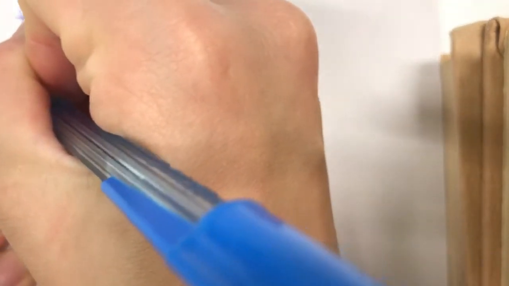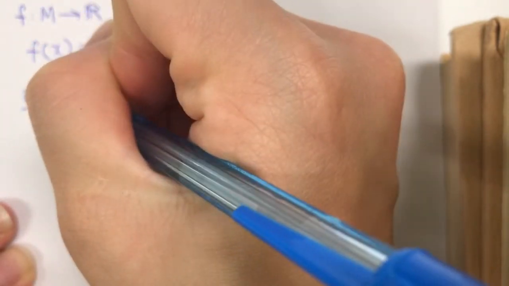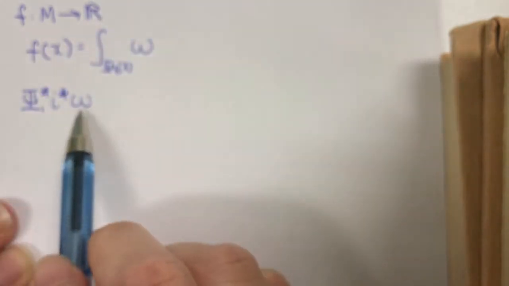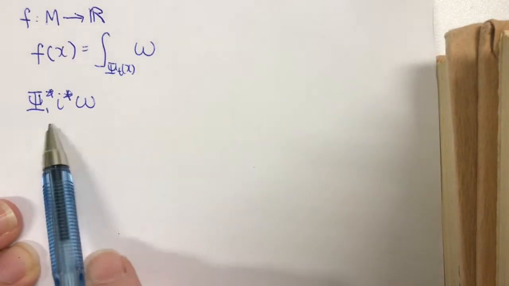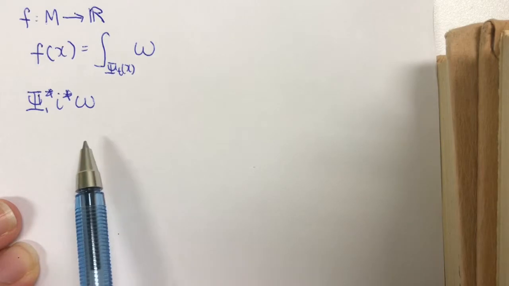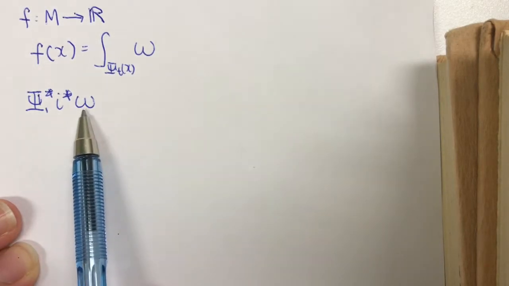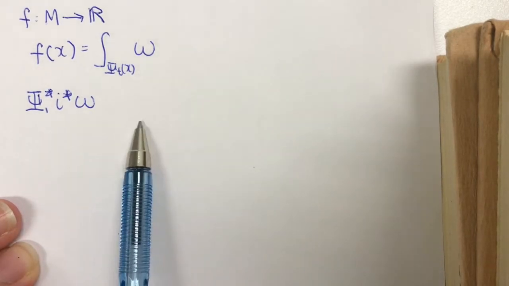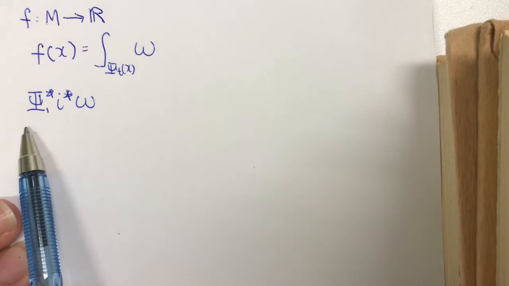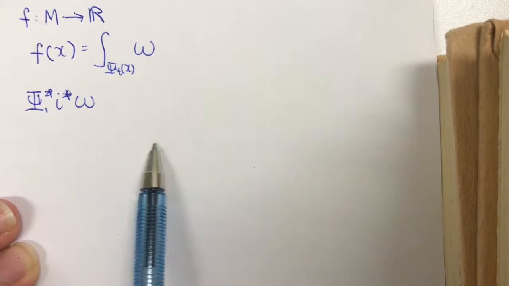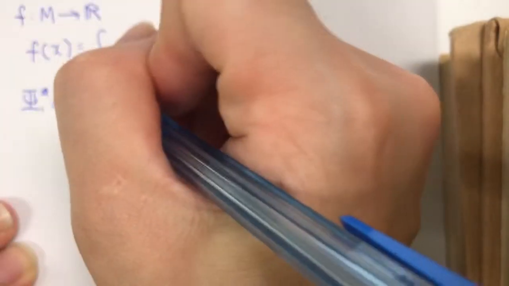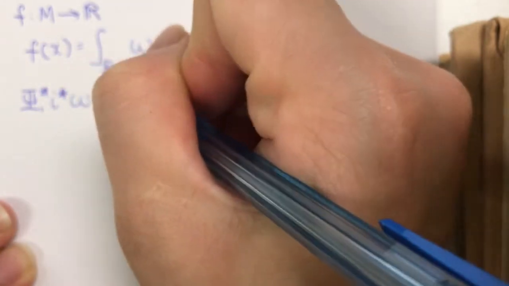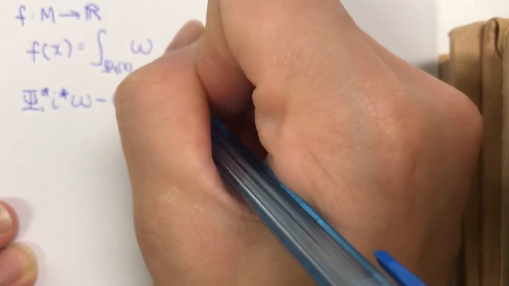The key point here is to show that when the two pullback maps act on omega, where this I star will pull omega from M to sigma, and psi 1 would pull it back from sigma to M, and then we subtract omega itself, it will equal df.